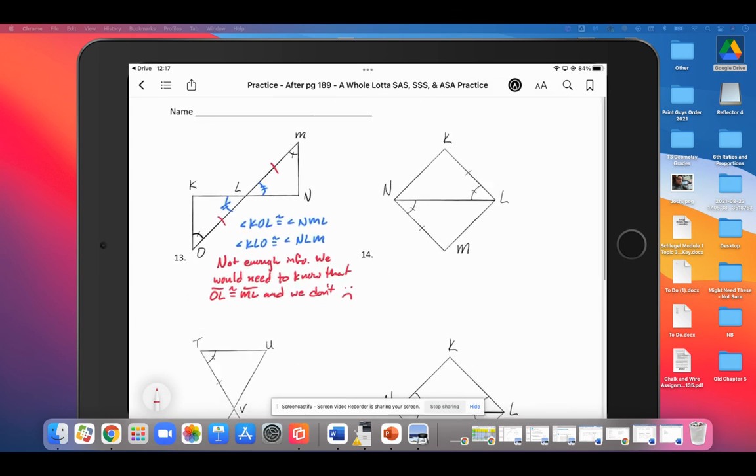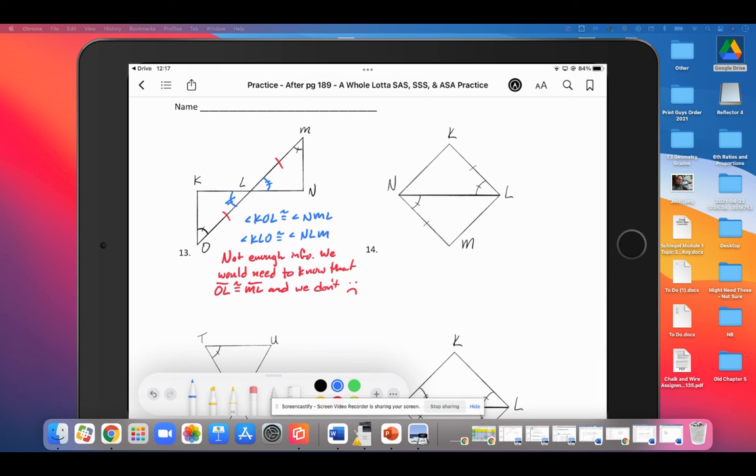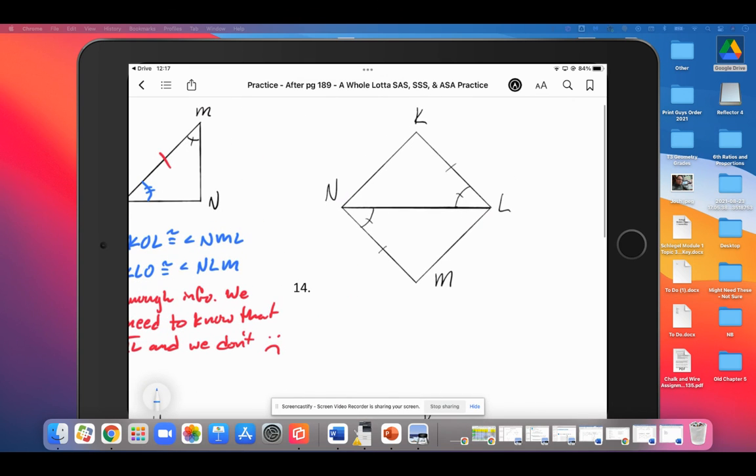Okay, 14. We see that we have the side NM is congruent to KL. We see that angle MNL is congruent to KLN.